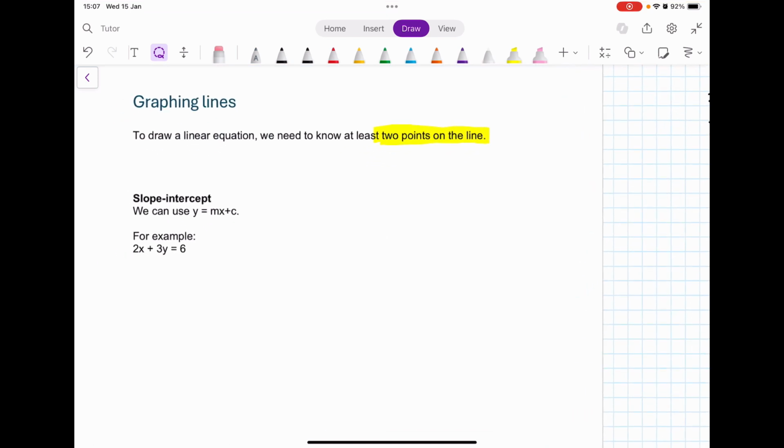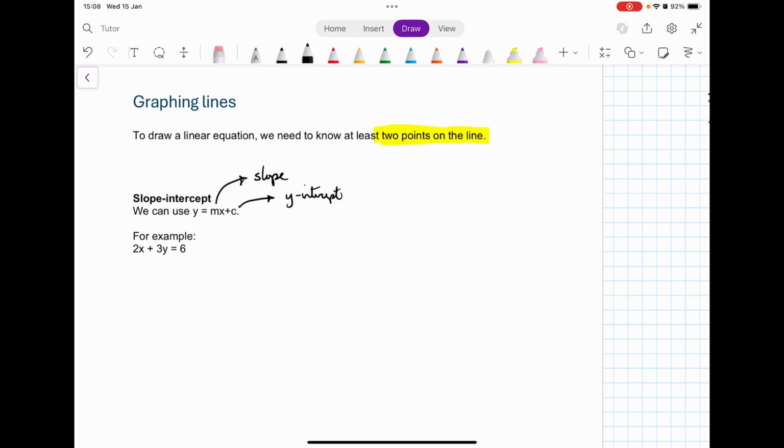What else can we do though? Well, we can also use the y is equal to mx plus c form. The m, remember, means the slope, and the c is the y-intercept, right? So in this same example, 2x plus 3y is equal to 6.